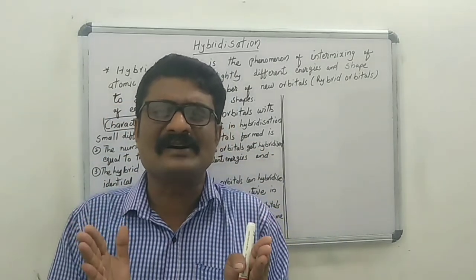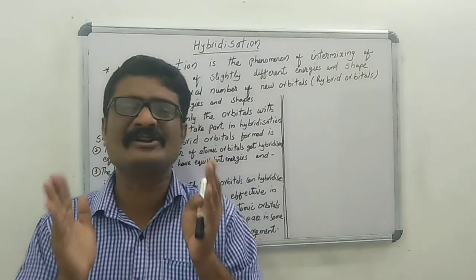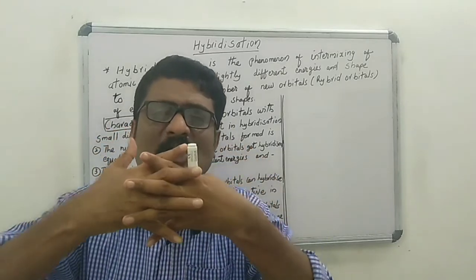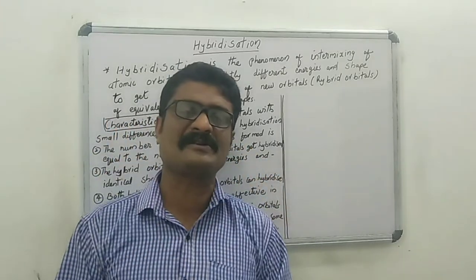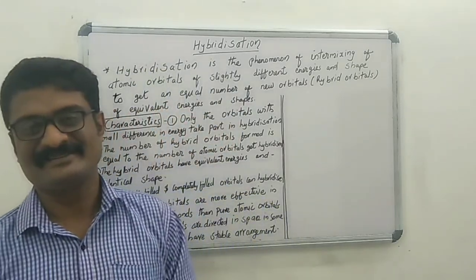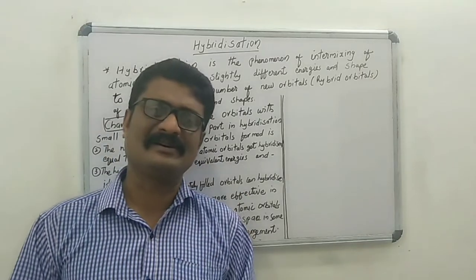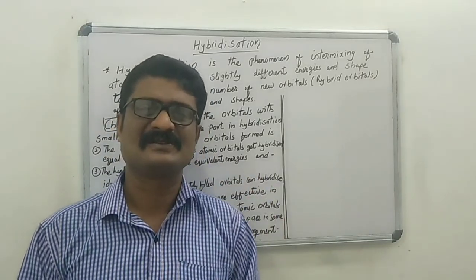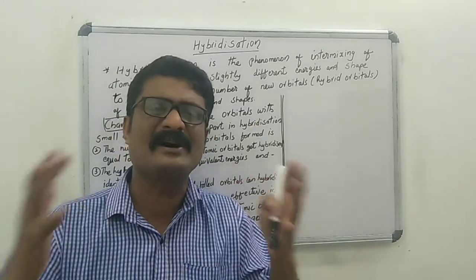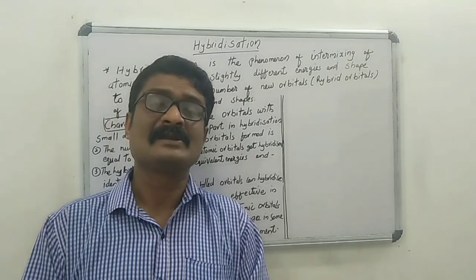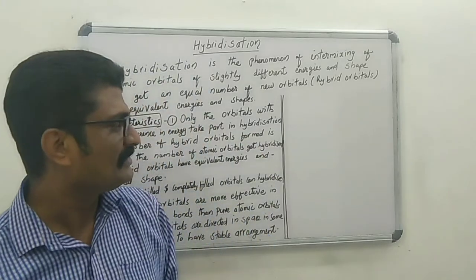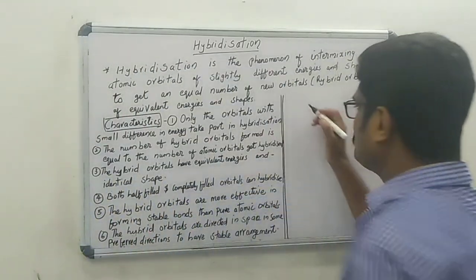The number of such orbitals belonging to a particular atom taking part in the overlap represents its covalency, the covalency of that atom. For example, please listen.